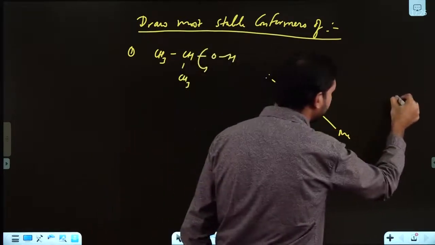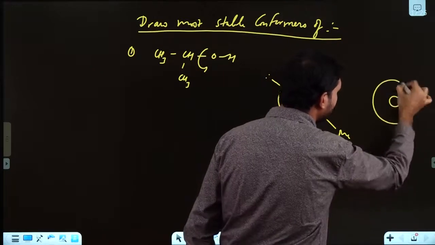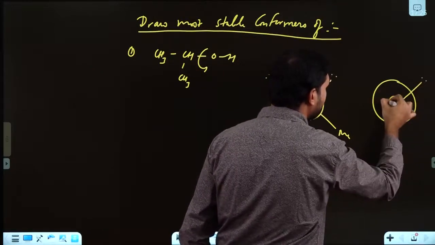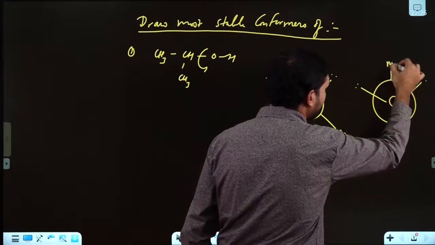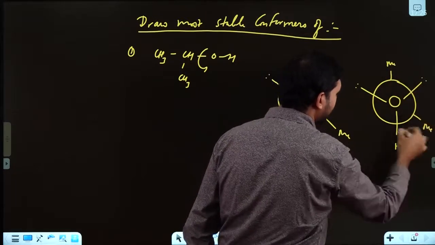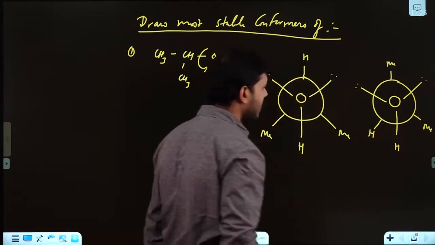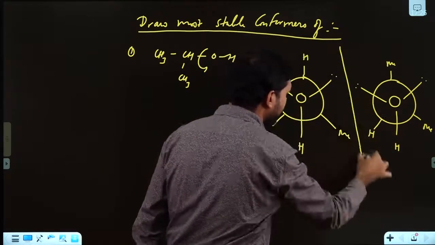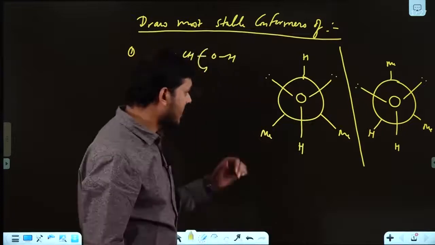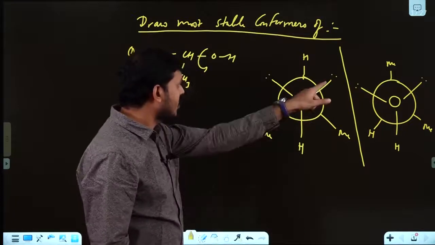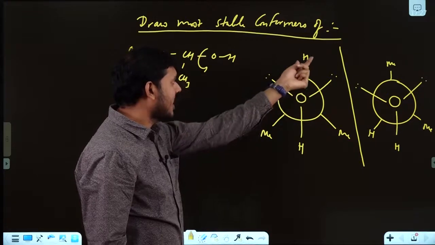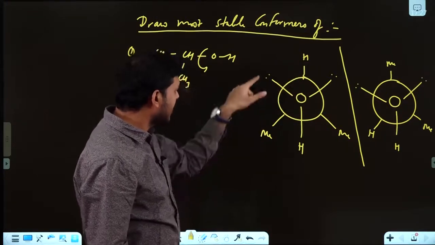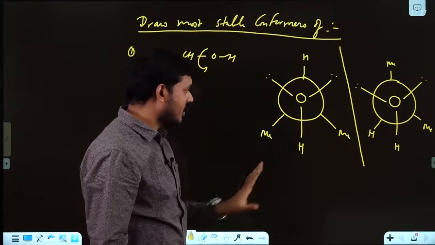Or you may think of another possibility: lone pair, hydrogen, one methyl here, and one hydrogen here. Now let's observe these two structures one by one. In this case, there are two lone pairs, and in between them you have the hydrogen atom. This methyl and this lone pair, this methyl and this lone pair, right?